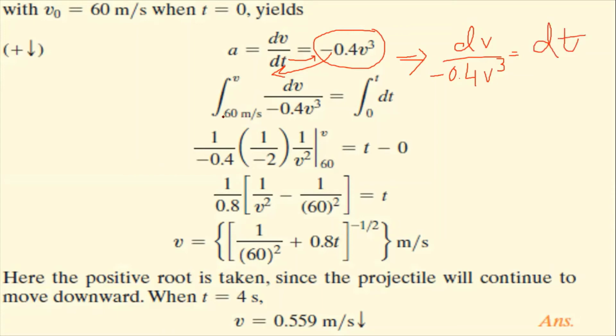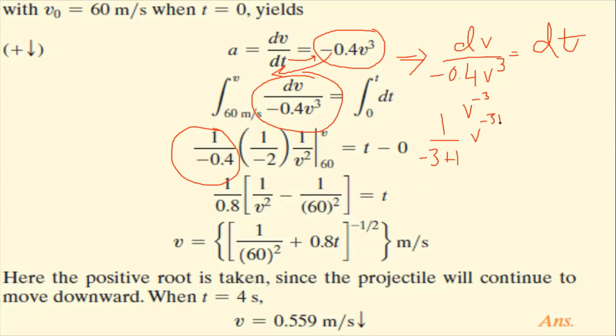So the initial velocity is 60 meters per second, final is v, initial time is 0 and final time is t. We will apply integration over here. And you know very well, we bring out as a coefficient minus 1 upon 0.4. And this is v to the power minus 3. So when you apply integration, you take 1 upon minus 3 plus 1, and v will become v to the power minus 3 plus 1.